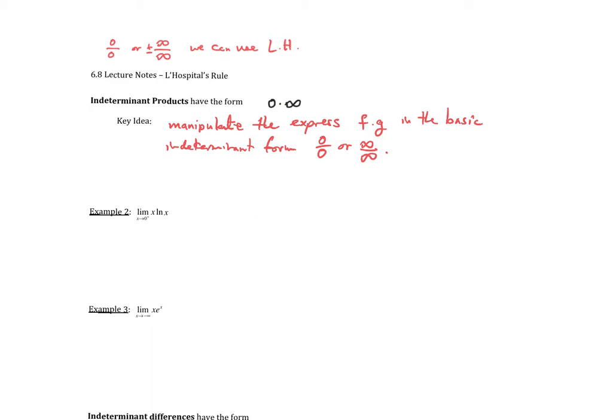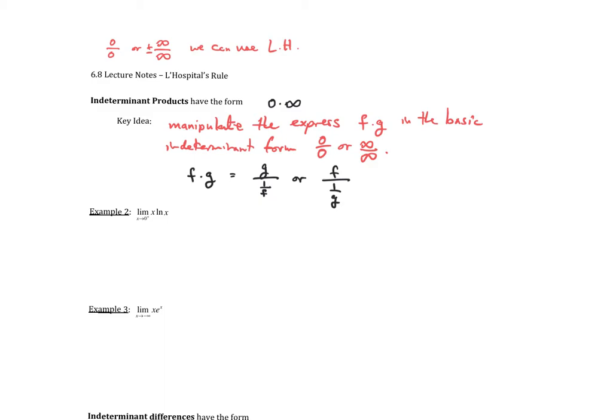So what is that going to look like, really? If you started off with your f times g, and one of them goes to 0 and one of them goes to infinity, we could rewrite that as either g divided by 1 over f, or f divided by 1 over g.